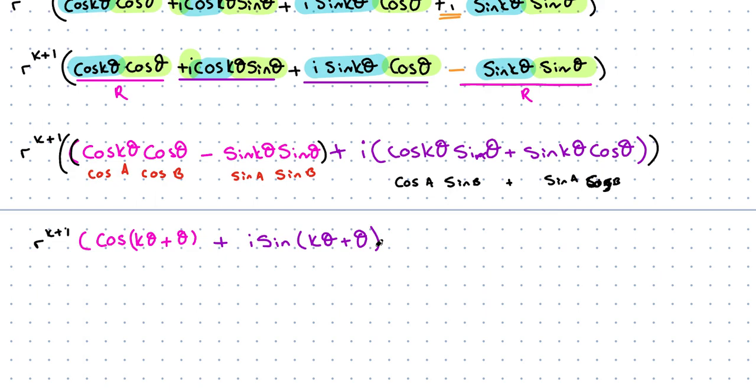So I'm using page 14 again: sine of A plus B is what all that bubbled down to.